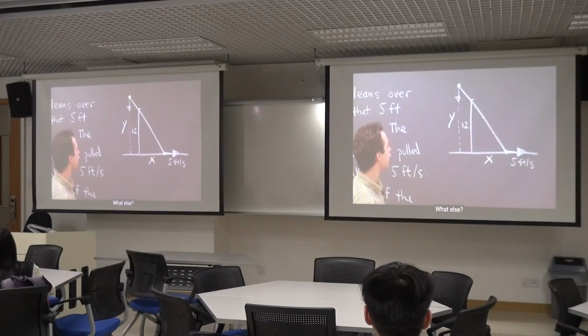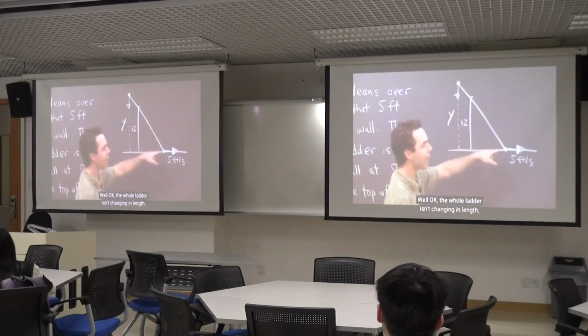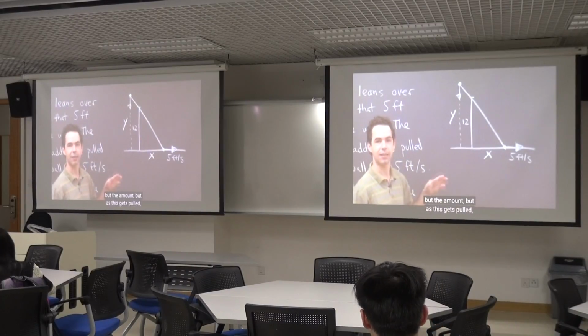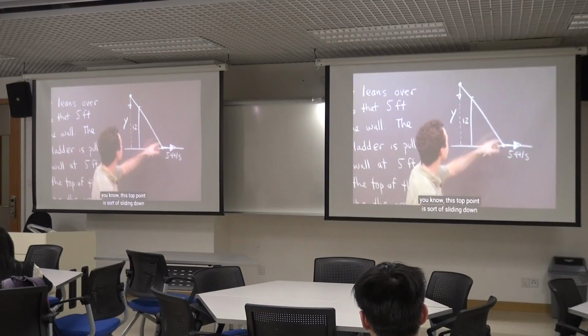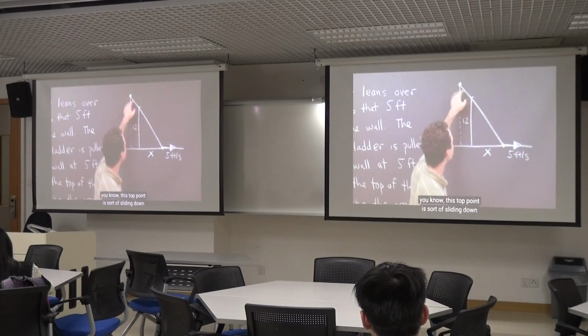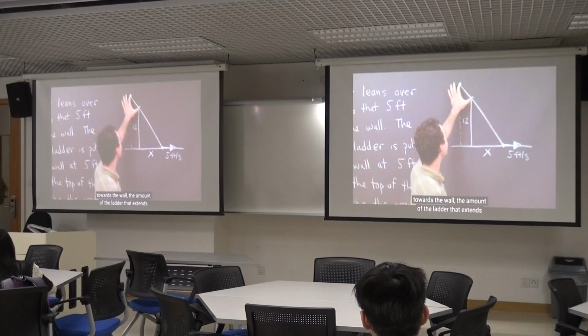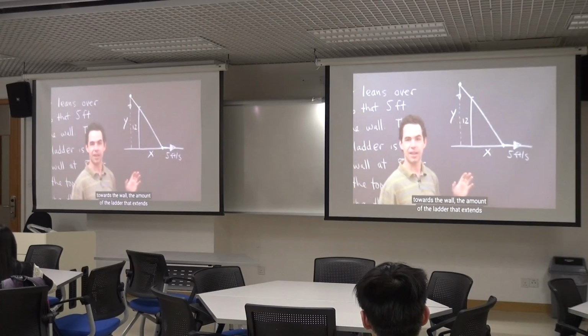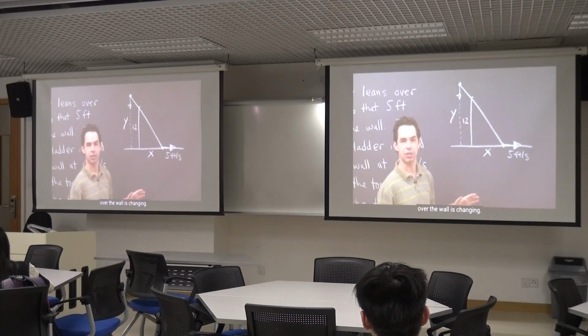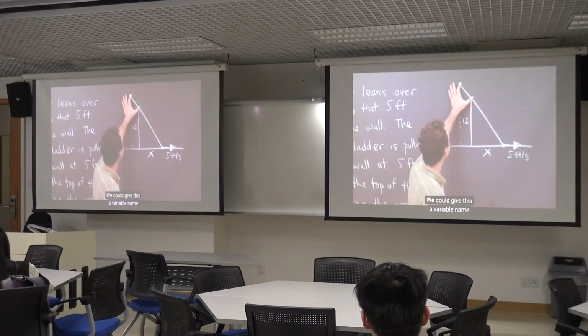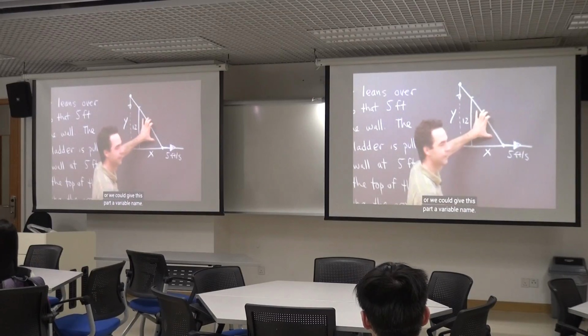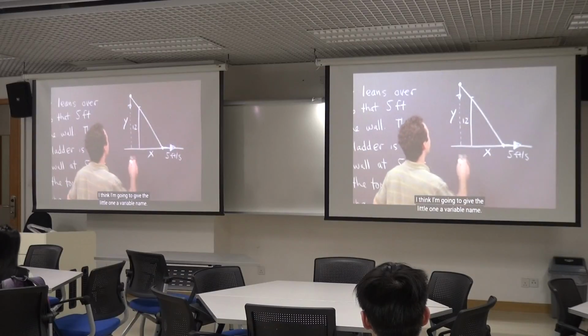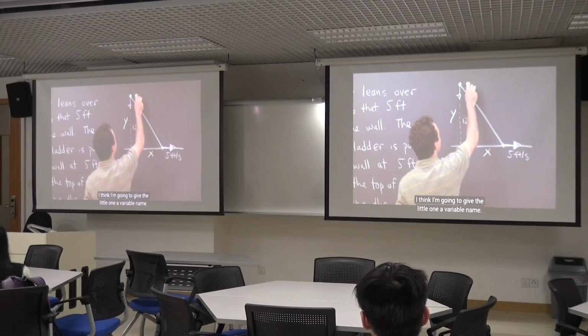And let's see what else. Well, the whole ladder isn't changing in length, but as this gets pulled, this top point is sort of sliding down toward the wall. The amount of ladder that extends over the wall is changing. So we could give this part a variable name, or we could give this part a variable name. I think I'm going to give the little one a variable name.